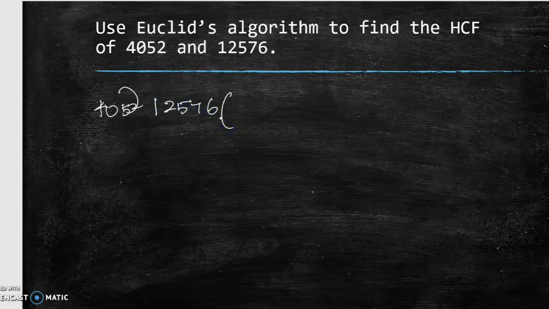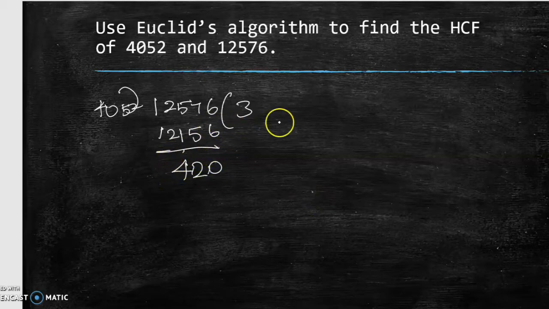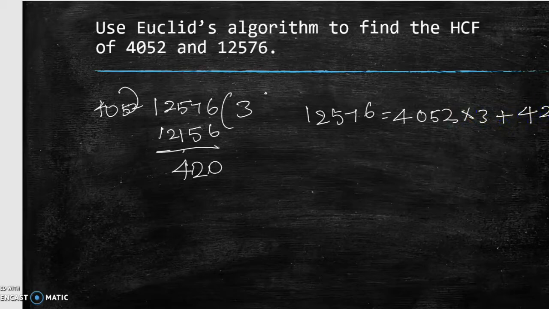First, 4052 goes 3 times, which is 12156. The remainder will be 420. Now we can write this as 12576 equals 4052 into 3 plus 420, which is a equals b q plus r.